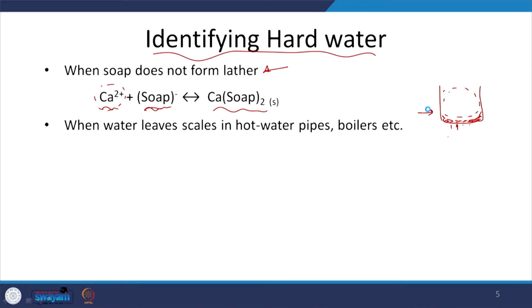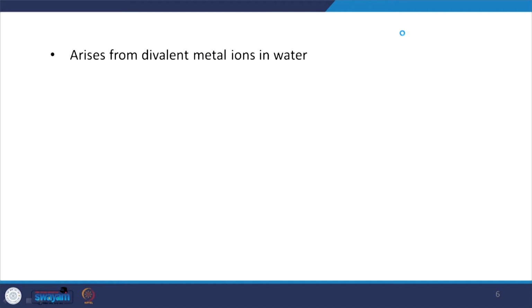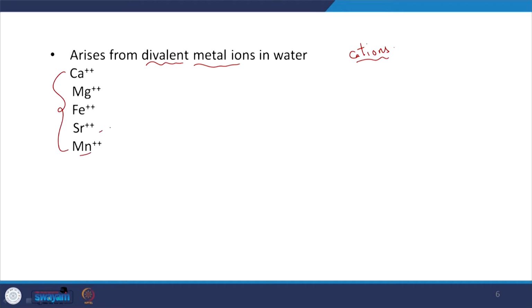So, this is from looking at the relevant surroundings where the water is used, right. As can be seen from the equation previously, typically we are talking about cations, and in general we are concerned with the bivalent or divalent cations. Typically they are metal ions, and some of the probable metal ions are calcium, magnesium, iron, manganese, and maybe strontium.